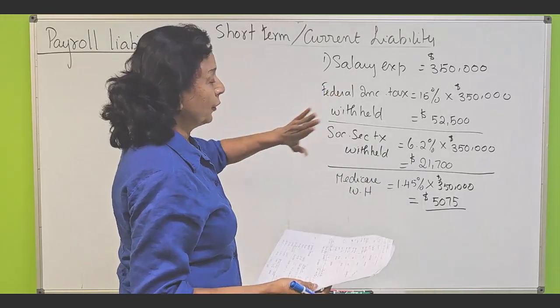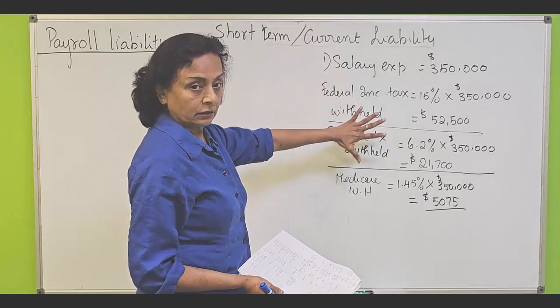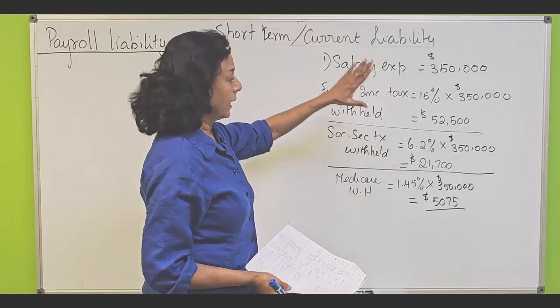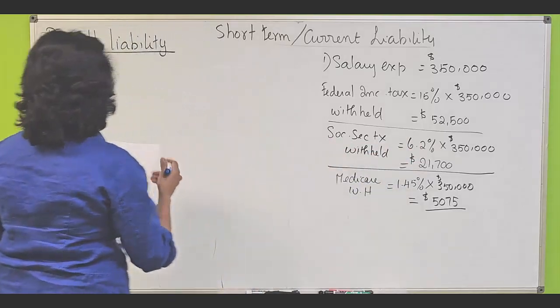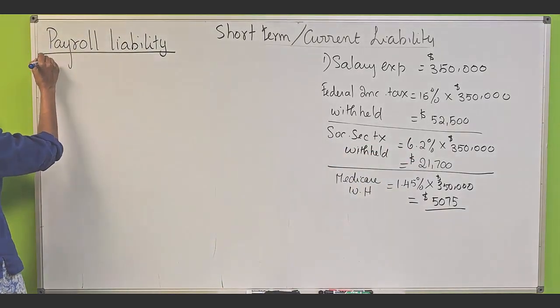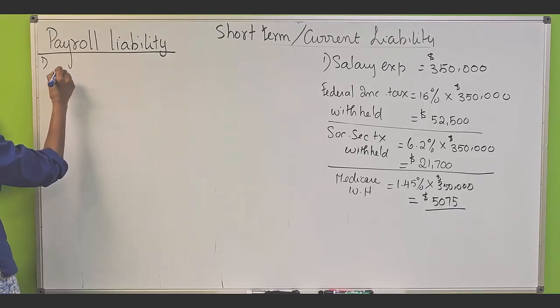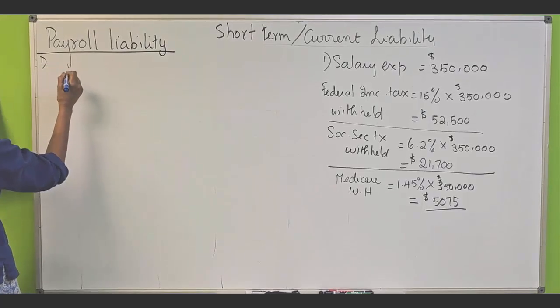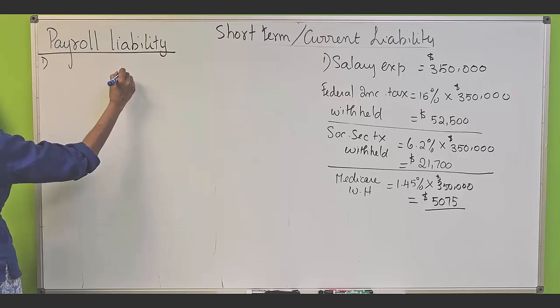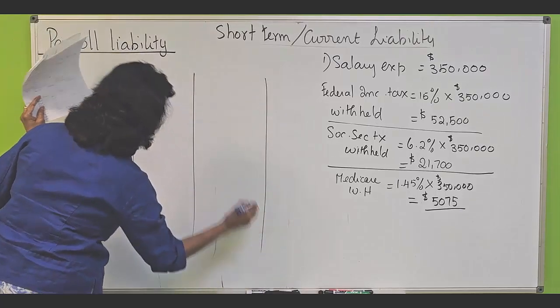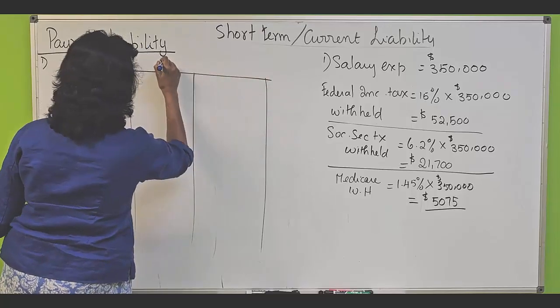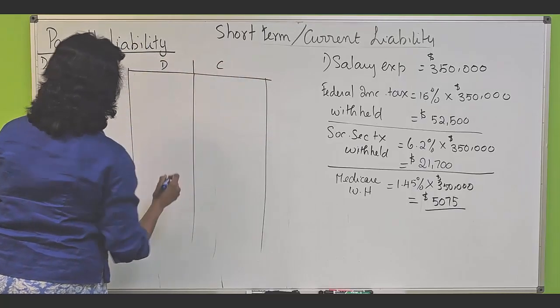So first, we are going to record the salary expense and also the withheld amount. So first entry would be, this would be the entry number 1. Okay, debit, credit.